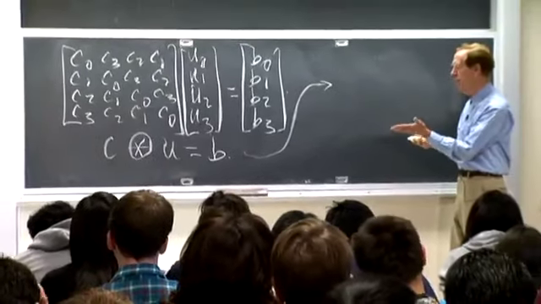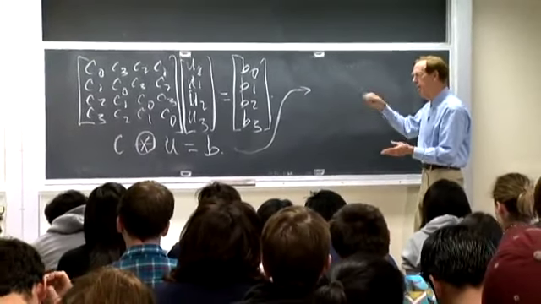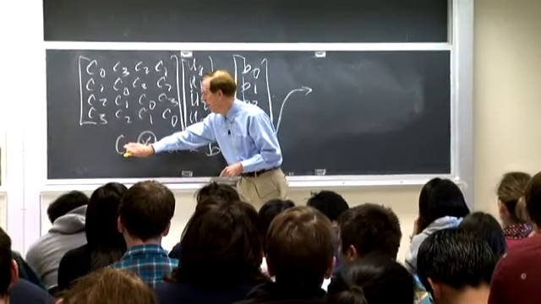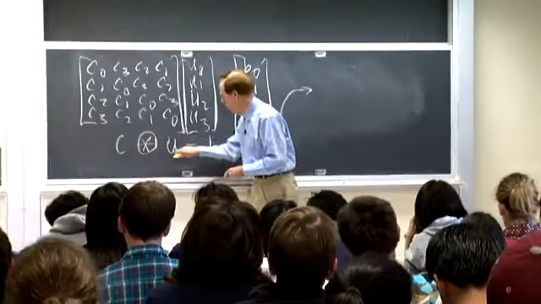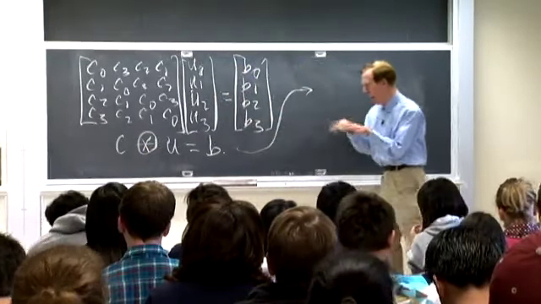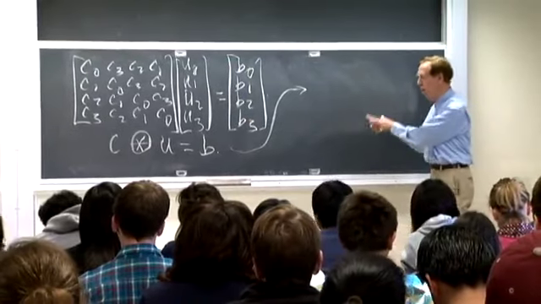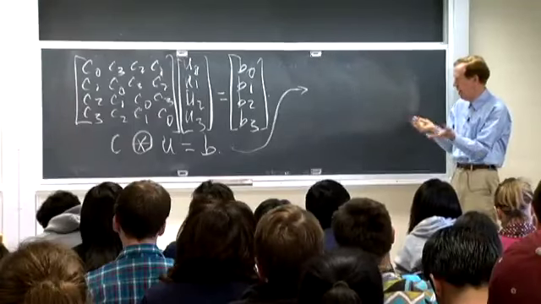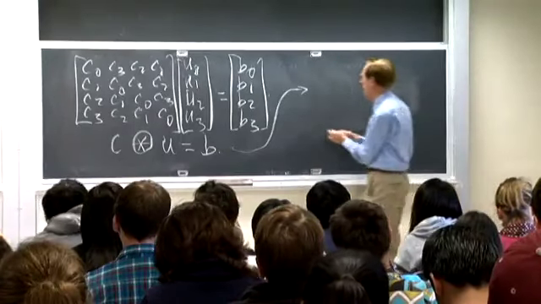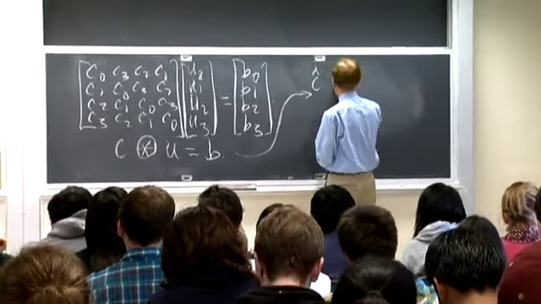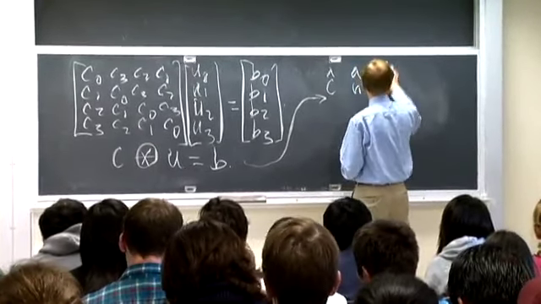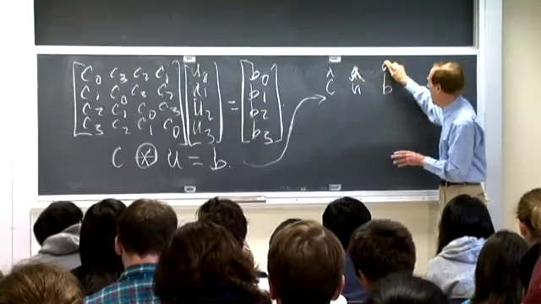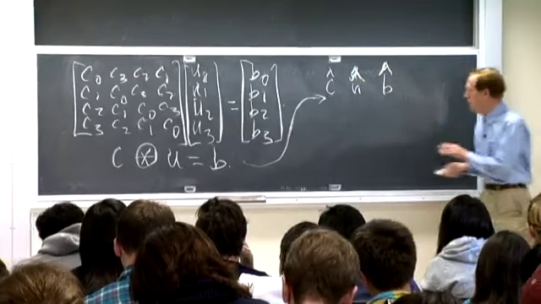From the C's, what am I going to call it? These are all in the space where it's a convolution. What am I going to call it where it's in the space where it's a multiplication? I just need 3 new names. Maybe I'll use C hat, U hat, and B hat, just because there's no doubt in anybody's mind that when you see that hat, you've gone into frequency space.